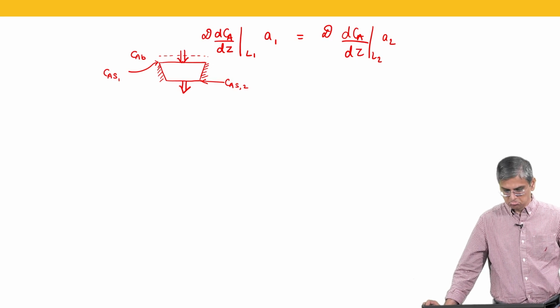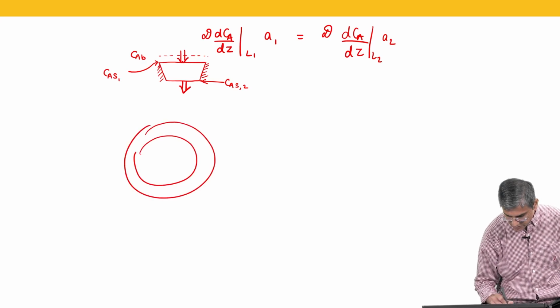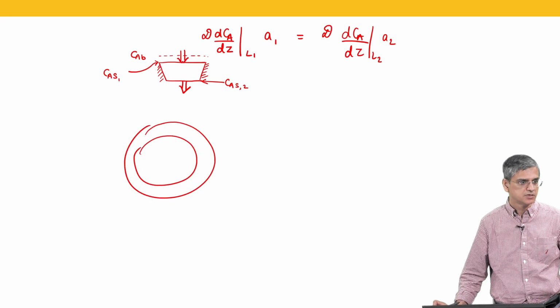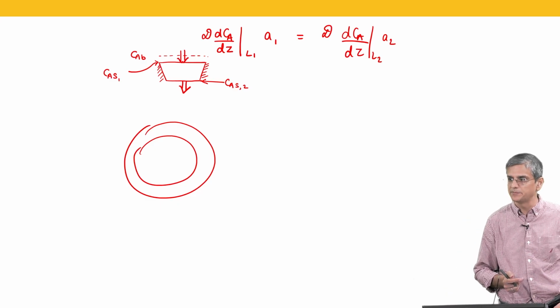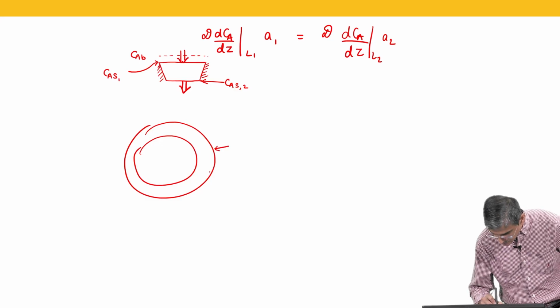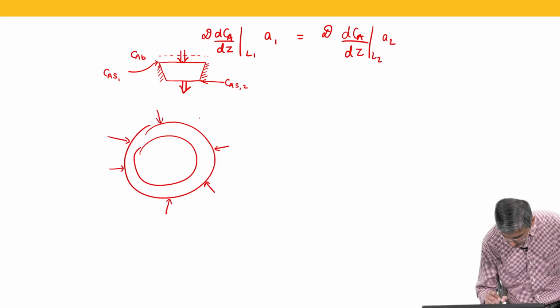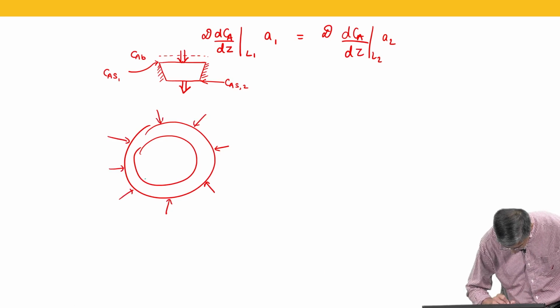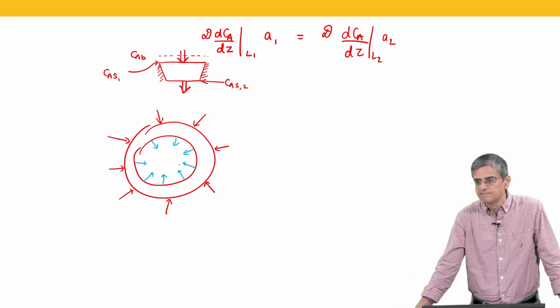And that's what happens basically when you have a spherical pellet. Now take a thin control volume in a spherical or a cylindrical pellet. This area is different from this area.